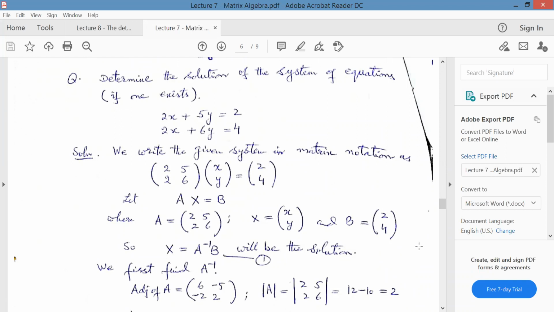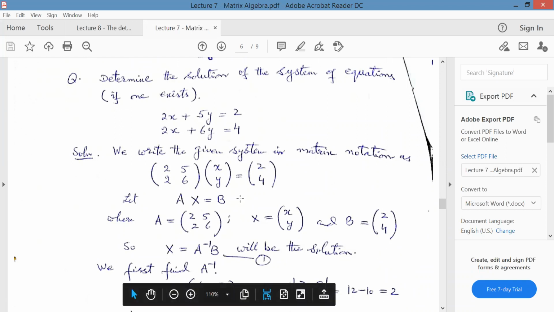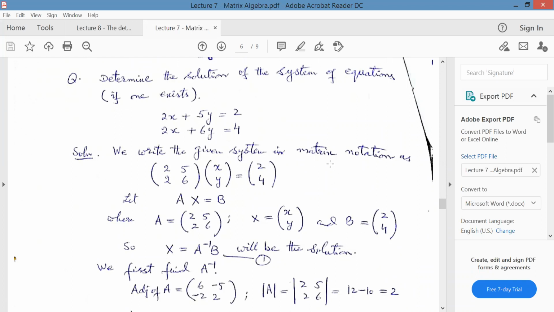Look, that you had been studying in your intermediate. This is a system of linear equations: 2x plus 5y equal to 2, 2x plus 6y equal to 4. So write the given system in the matrix notation. पहले इसकी matrix notation बनाइए तो matrix A बना ले 2 5 2 6, the coefficient matrix, then the variable matrix xy आ जाएगा equal to ये pure constant terms की एक matrix आ गई.